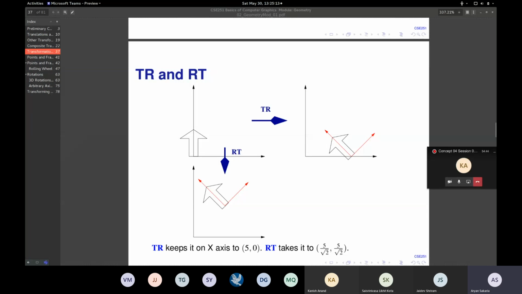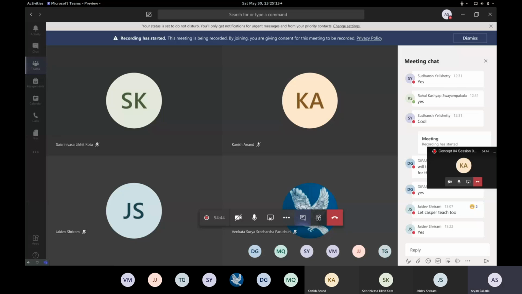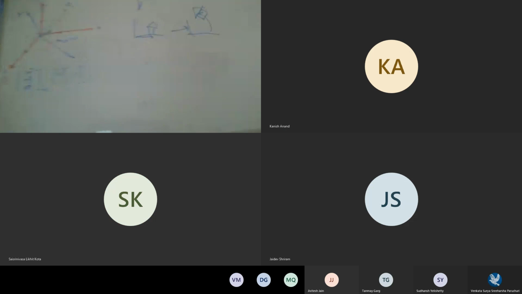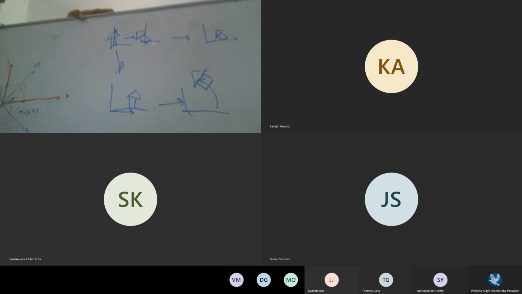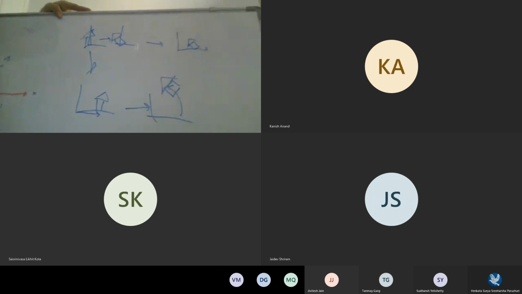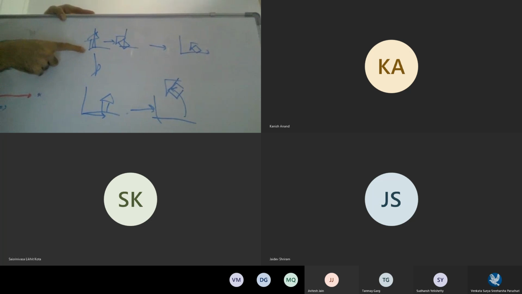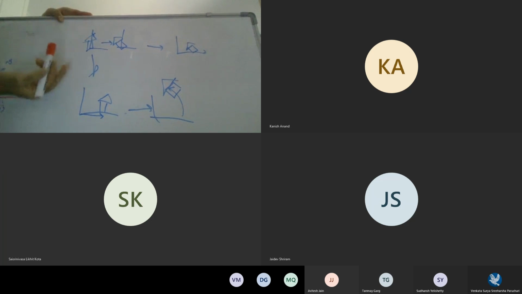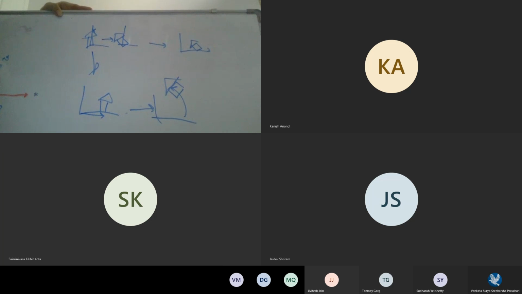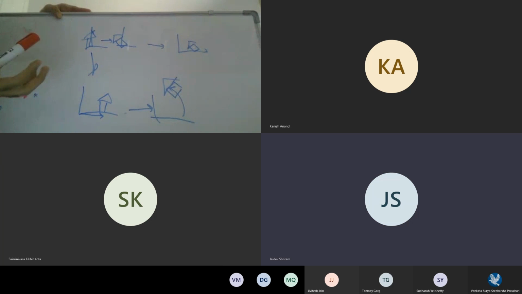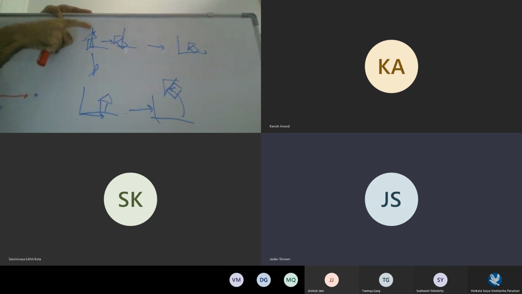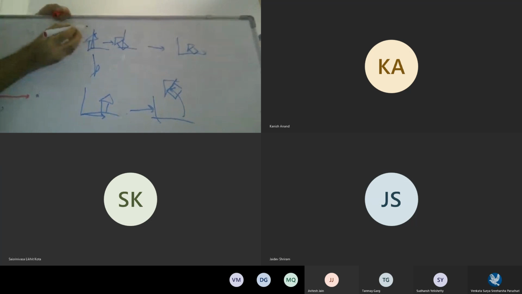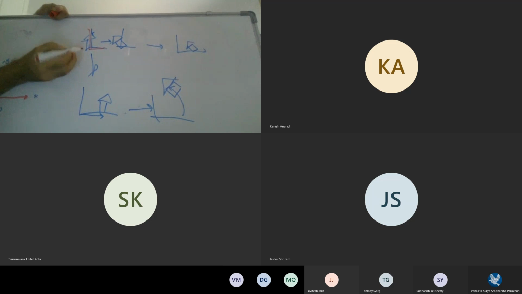Can you see? Yeah, so this is my original thing. I have the coordinate frame just roughly drawn over here. This is the original thing, all right?